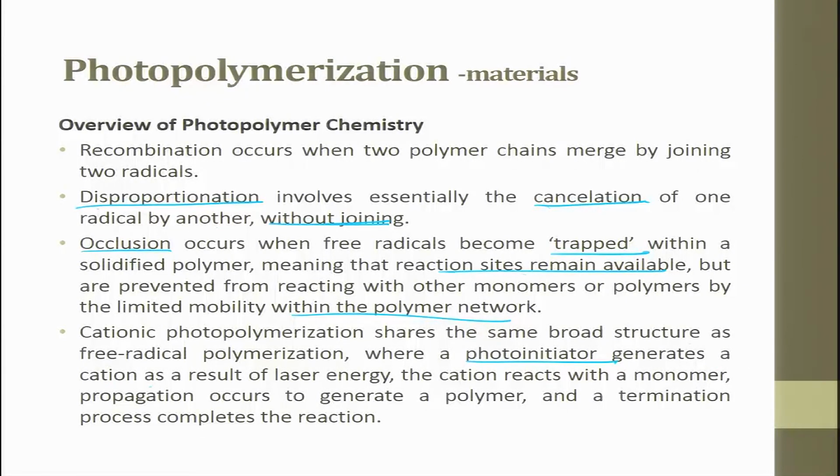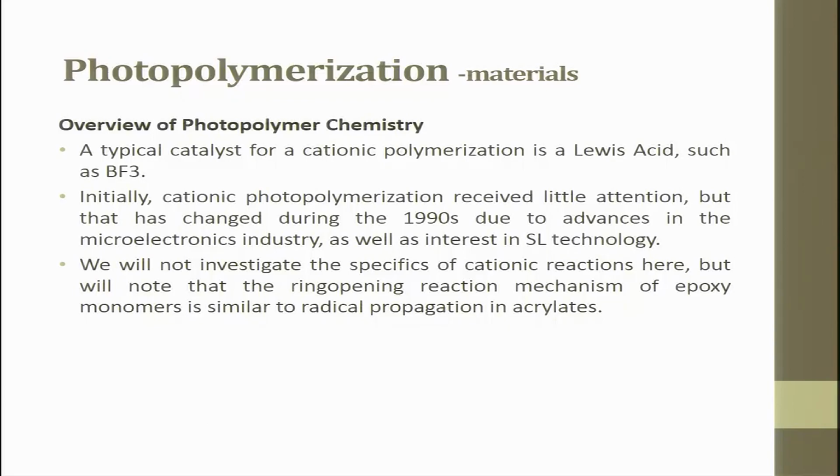The cationic photopolymerization shares the same broad structure as free radical polymerization, where a photoinitiator generates a cation. As a result of laser energy, the cation reacts with the monomer. Propagation occurs to generate a polymer and the termination process to complete the reaction. A typical catalyst for a cationic photopolymerization is a Lewis acid such as BF3.